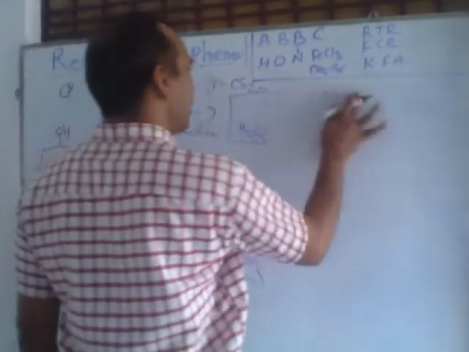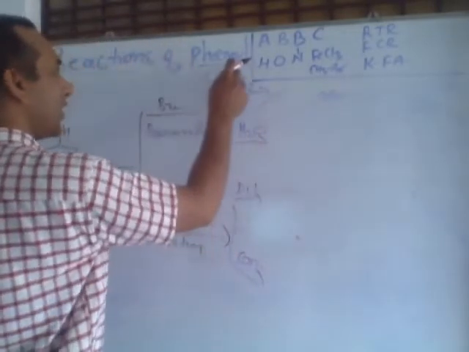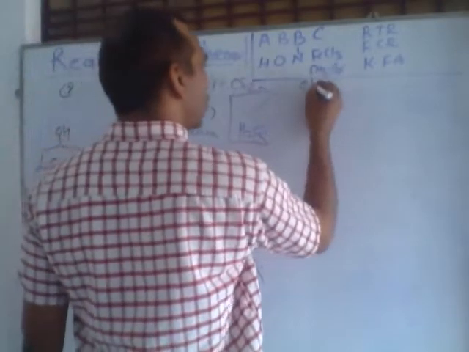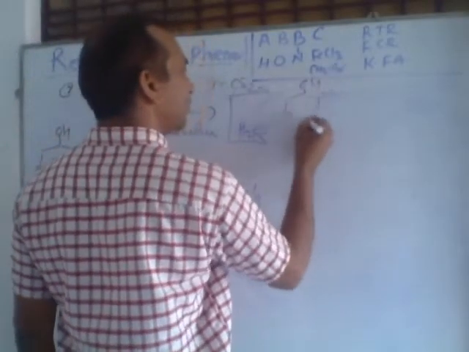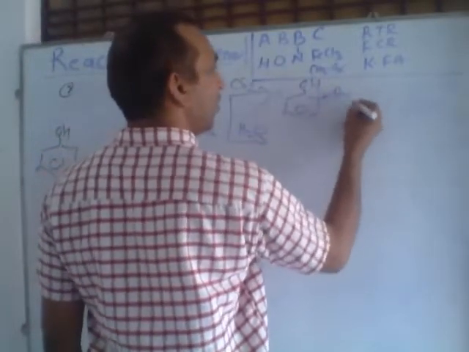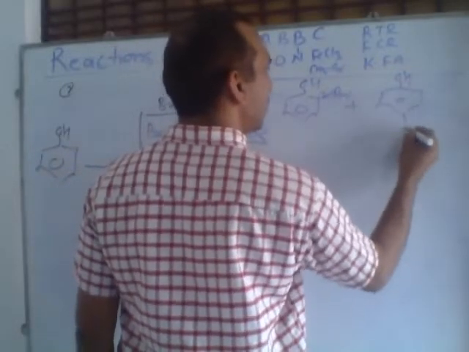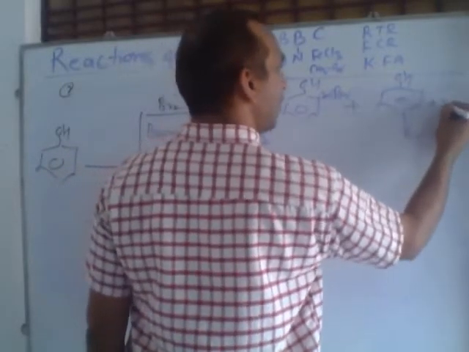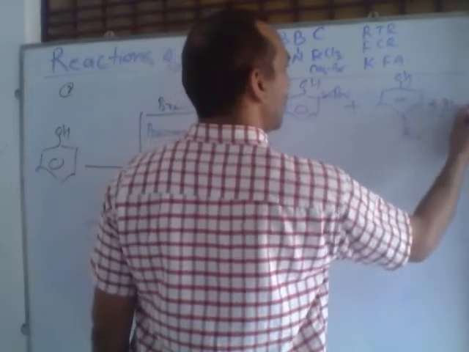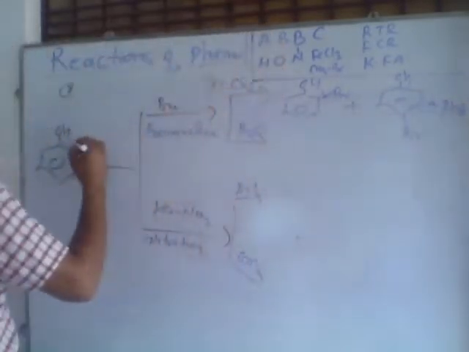If bromine water reacts in CS2, two products are formed. First is orthobromophenol and second is parabromophenol, along with removal of HBr.